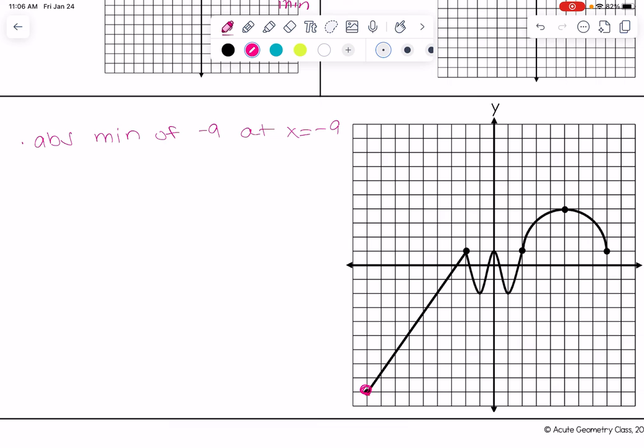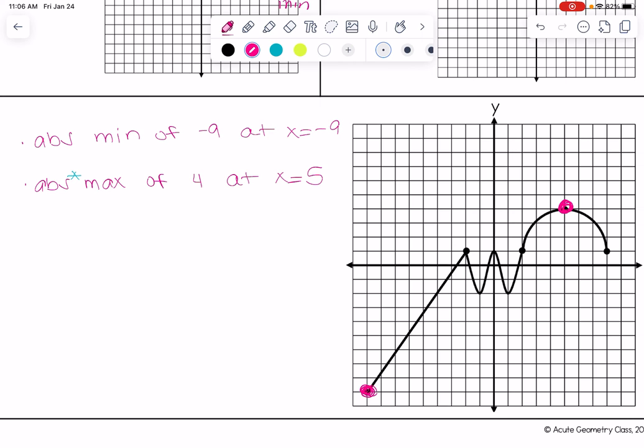Okay, so that's over here on the graph. And I have an absolute maximum over here. So an absolute max of 4 at x equals 5. That is an example of one that can be considered relative as well. Compared to the points around it, it is higher. So we can also consider that a relative max.